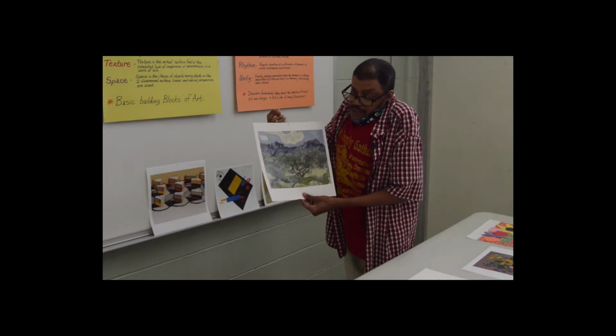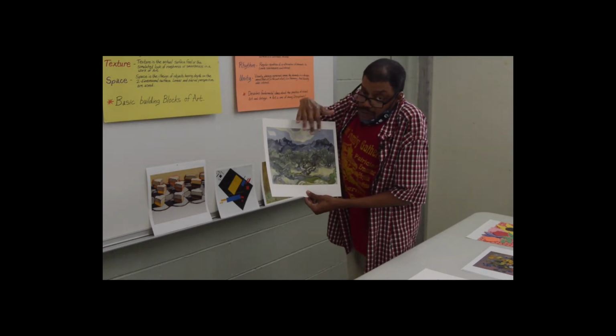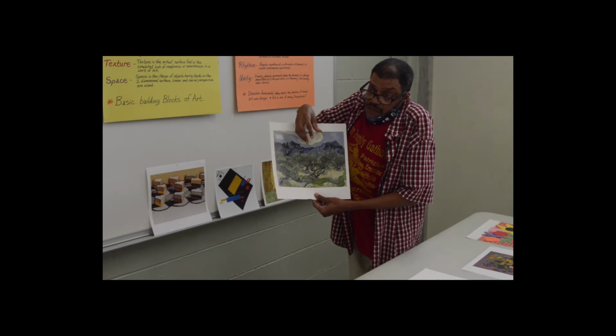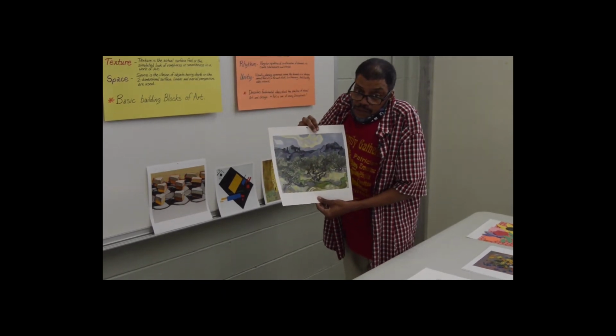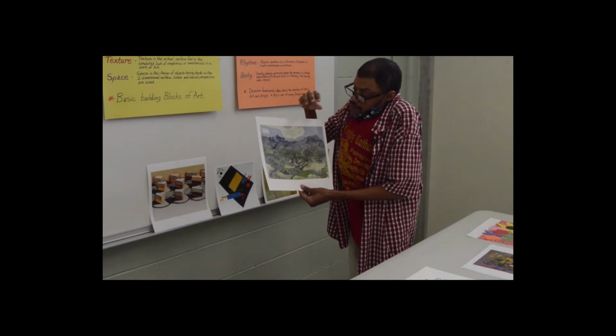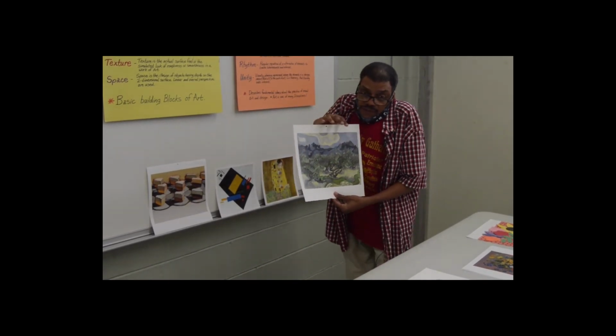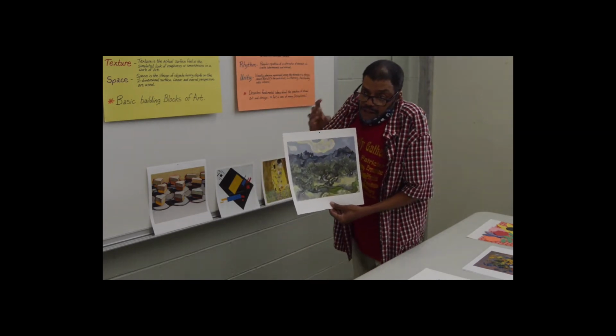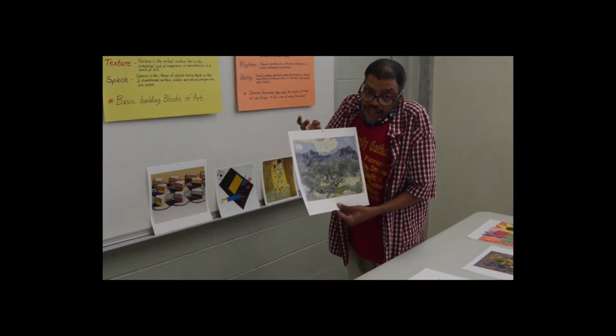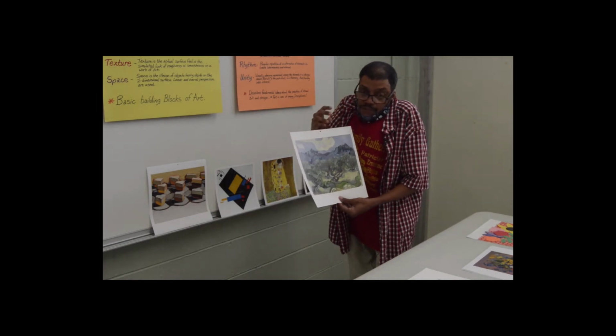He always painted very thick and you could see the surface, the texture that he would create in his paintings. But the one major thing, if you've taken art history or art lessons, when you look at a Van Gogh painting, you're automatically thinking about movement.